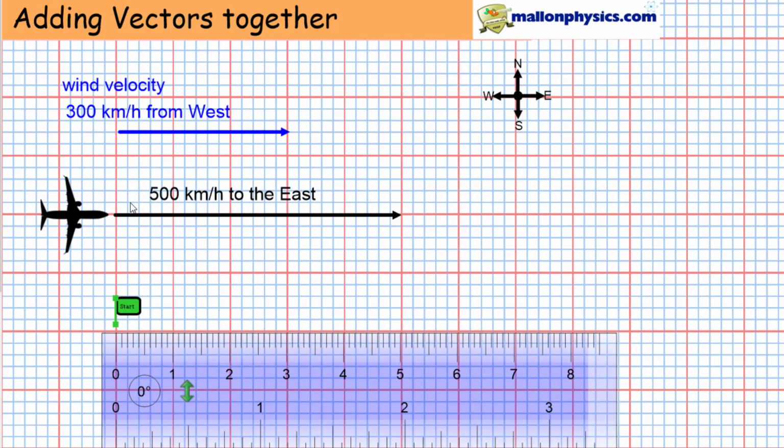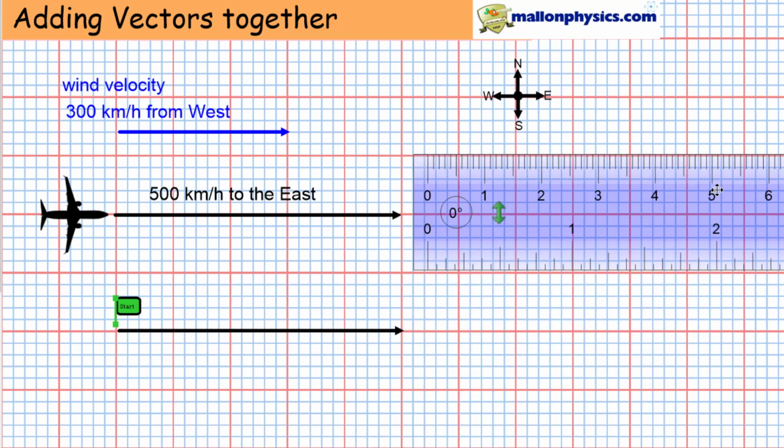It's 500 kilometers to the east, so we're going to use a scale of 1, 2, 3, 4, 5 centimeters in this oversized ruler, and one of these centimeters is going to stand for 100 kilometers per hour. So when we draw the velocity vector in, it's going to look like that. 5 centimeters on your ruler. Now that's the first vector done.